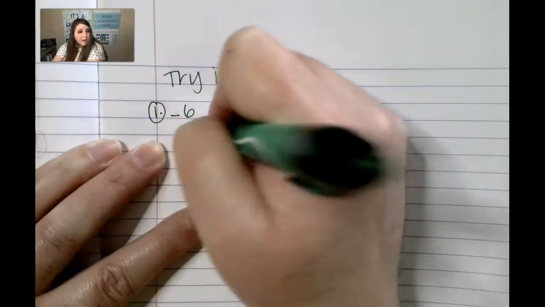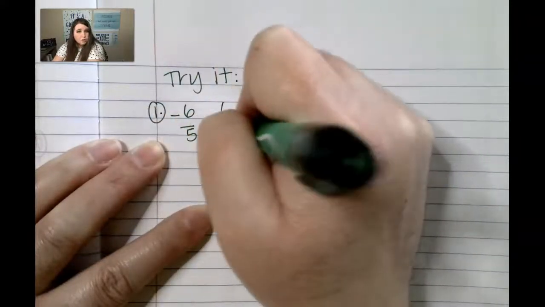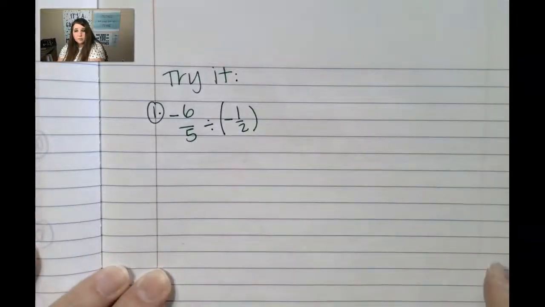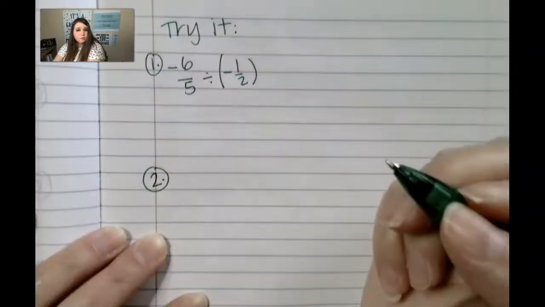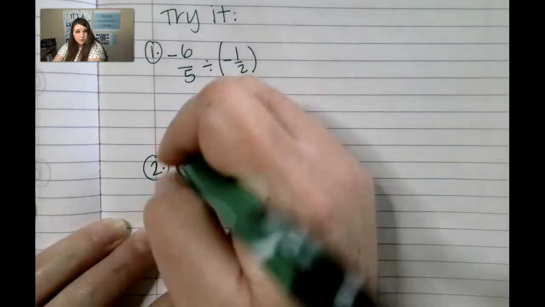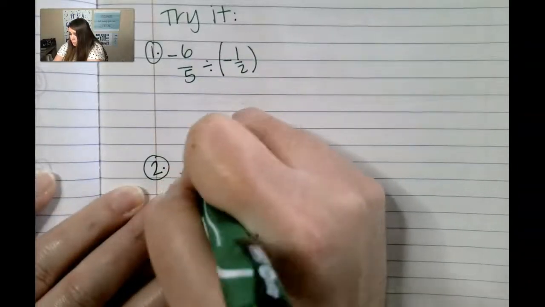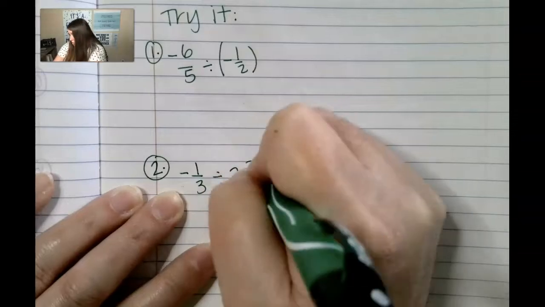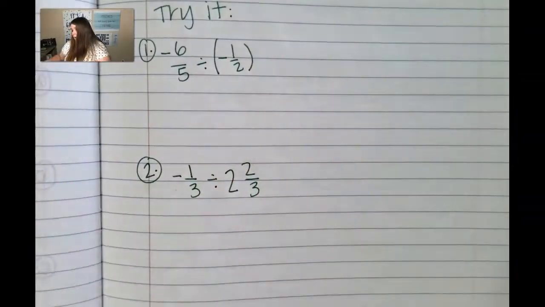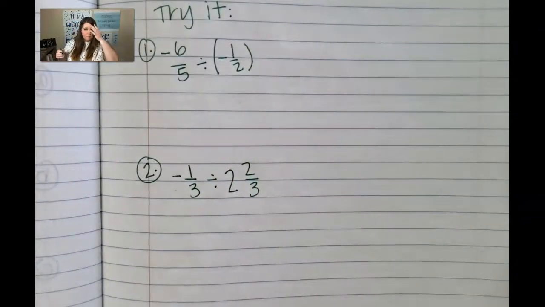Try-it number 1 is negative 6 over 5 divided by negative 1 over 2. There's that problem. And then try-it number 2 for you is negative 1/3 divided by 2 and 2/3. All right, go ahead and solve both of those.